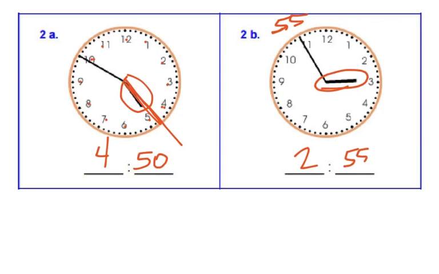So it's 2:55. Pretty soon it's going to be 3 o'clock. And then that hour hand will line directly up with that 3, and then my minute hand will go directly up to the 12. Go ahead and jot that down. Press pause if you need some more time.